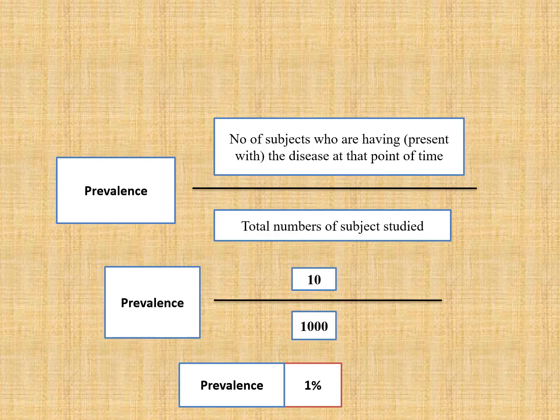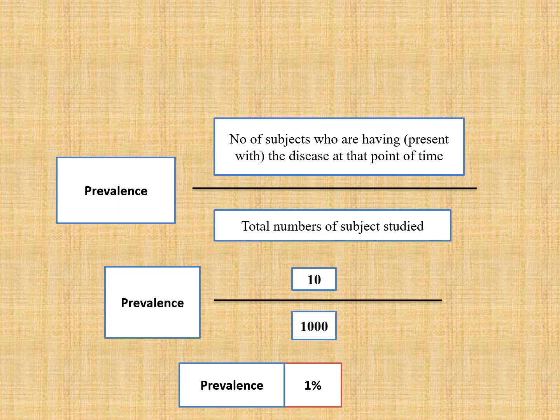Like I said, for prevalence, on the numerator we should have the total number of subjects who have the disease at a point of time, that is old plus new cases, divided by the total number of subjects studied. On 1st January 1995, we found that there were 10 children actually suffering from measles.